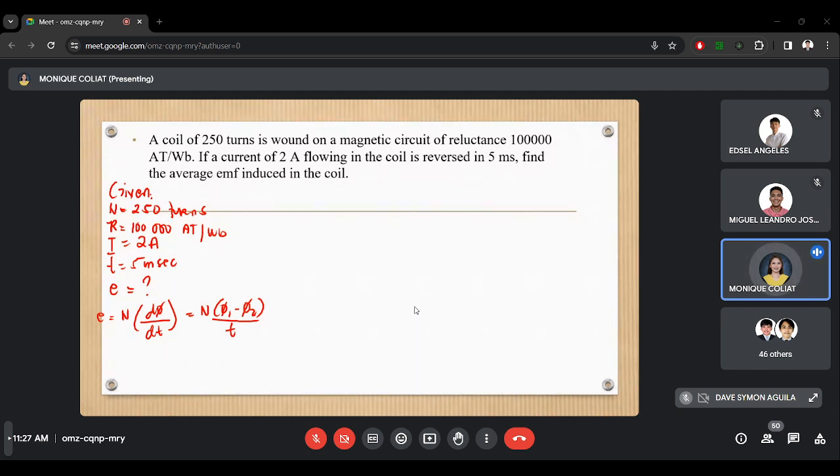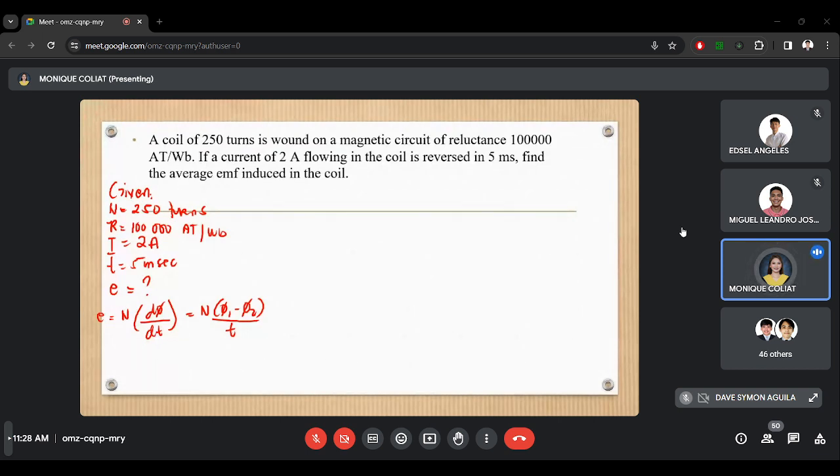But based on the given parameters, we don't have flux. We only have reluctance. So, what are we going to do?